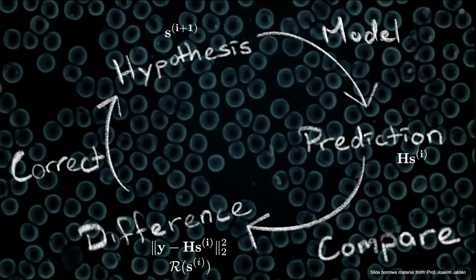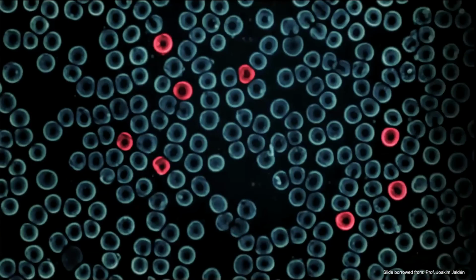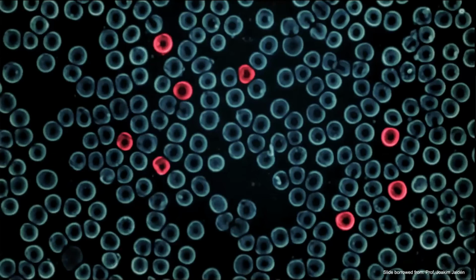And then you update and you keep iterating like that. So that's the idea of an iterative algorithm. And then, if you're lucky and you choose things right, this will happen. And so you'll be able to recover what we want.